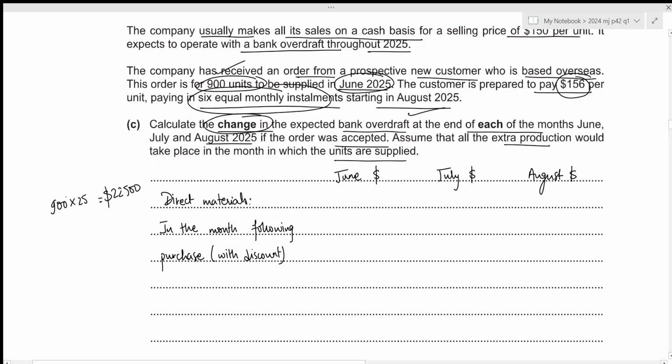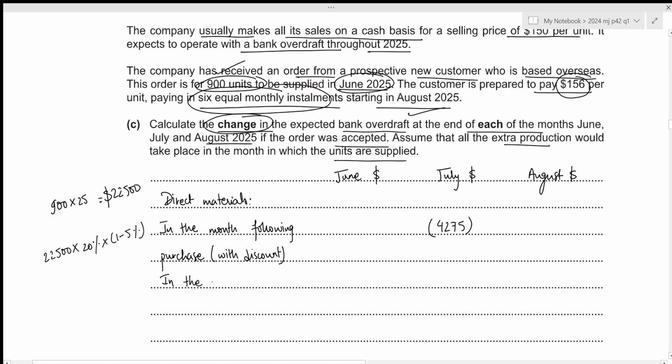And remember that we need to produce these 900 units in the month of June, which means that the payment will be made for in the month of July. So the payment to be made within July with discount of 5% will be 22,500 times 20% times 1 minus 5%. Which results in the value of 4,275. This is a payment, so let's write it down in a bracket. Now let's talk about the payment in the month following purchase without discount.